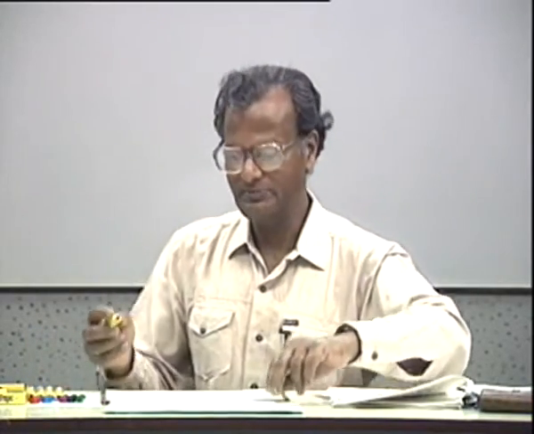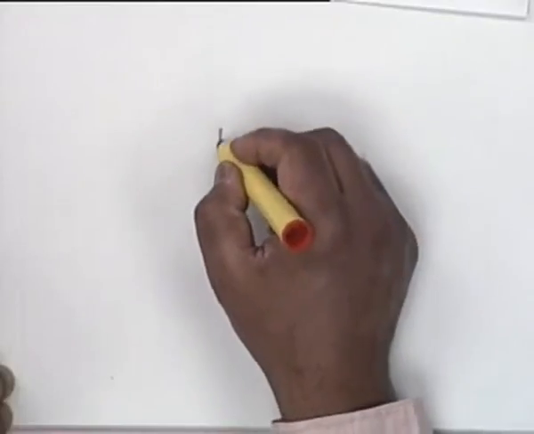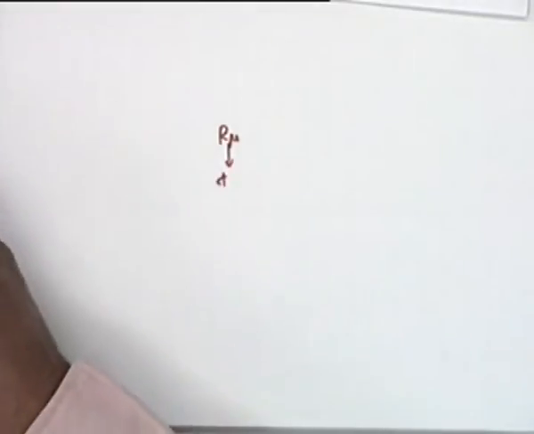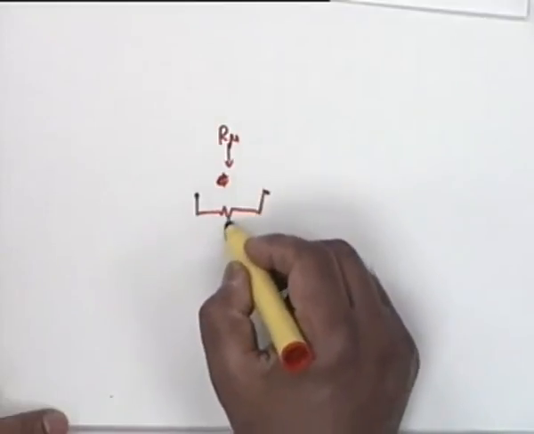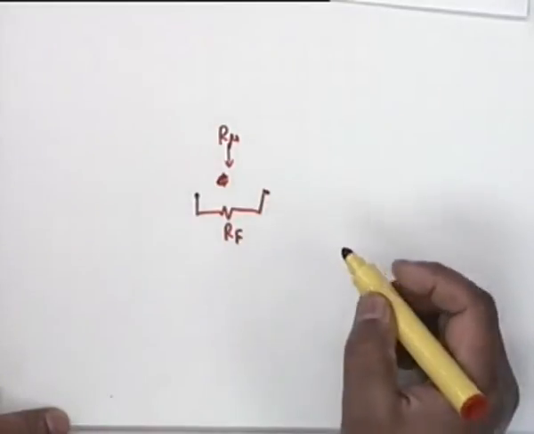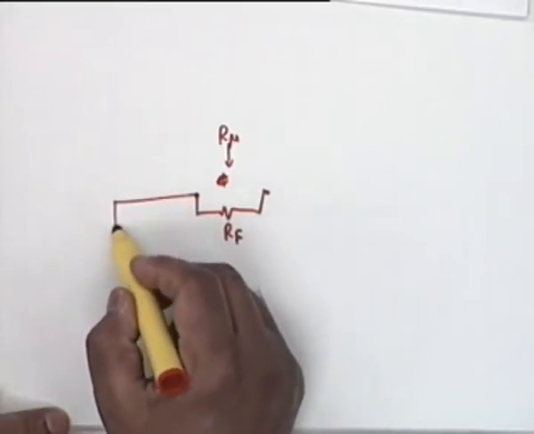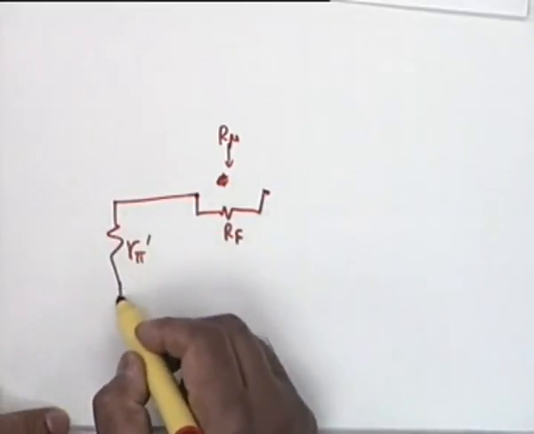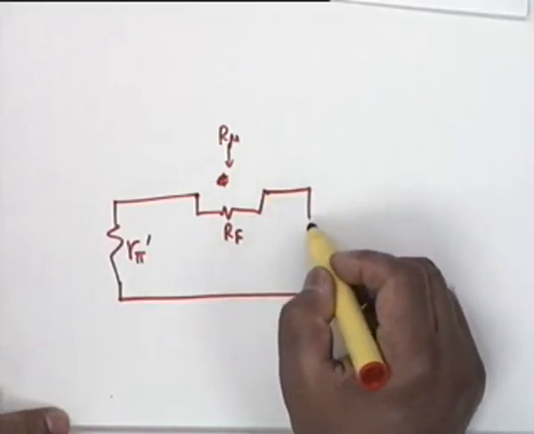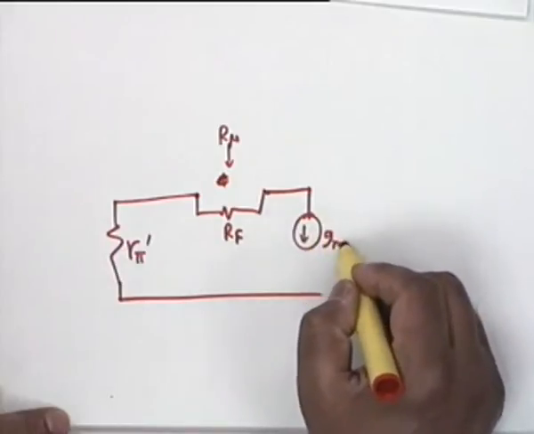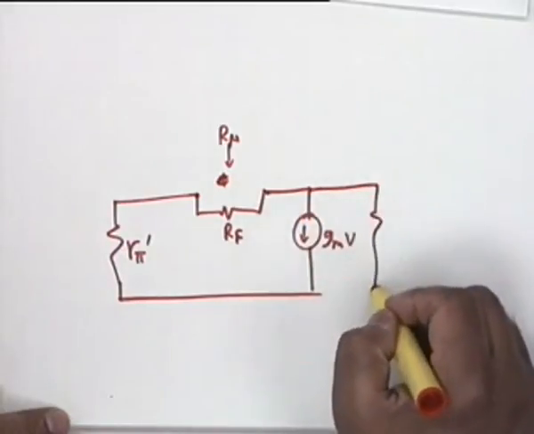Let's look at C mu, the resistance seen by C mu, R mu. The equivalent circuit is the following. Between these 2 points, there is a resistance RF, C mu in parallel with RF. Then from here you have R pi prime, and from here you get GMV and RL.